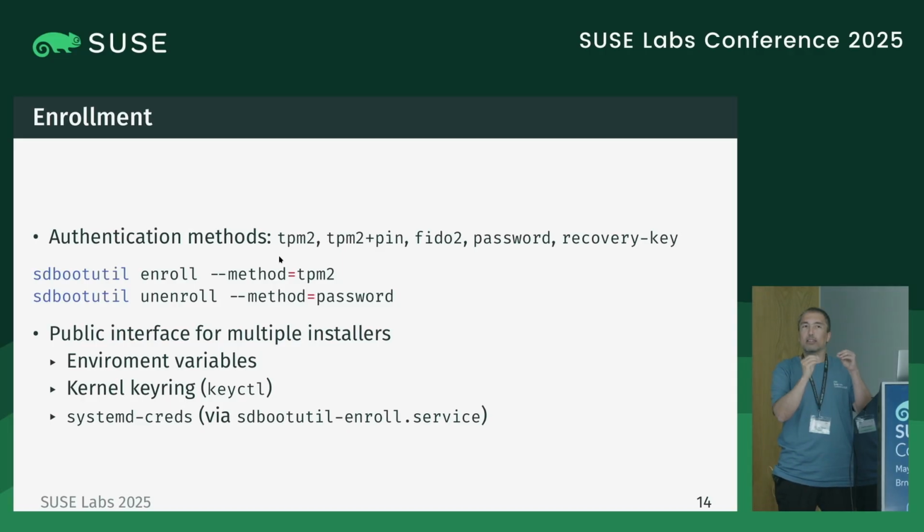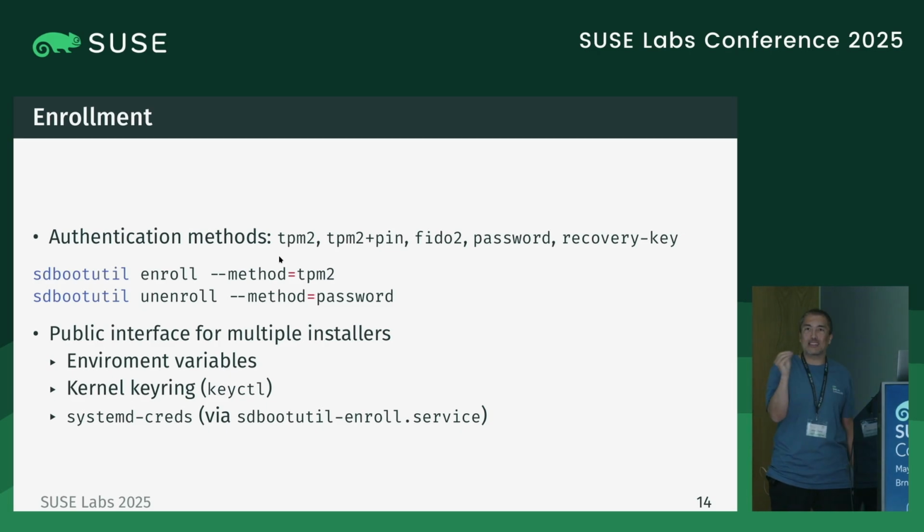And because they are executed at different moments of time, maybe the requirements are going to be different. So that means that this interface is providing different options to deliver to sdbootutil the secrets that are going to be used during the enrollment. Basically, what PIN is going to be used if the user selects TPM and PIN, what password is going to be used to unlock the device for the first time, what password is going to be used to enroll the device. This kind of stuff is going to be delivered by several mechanisms.